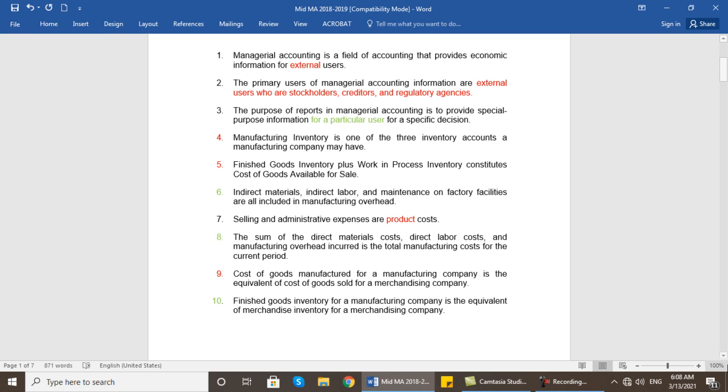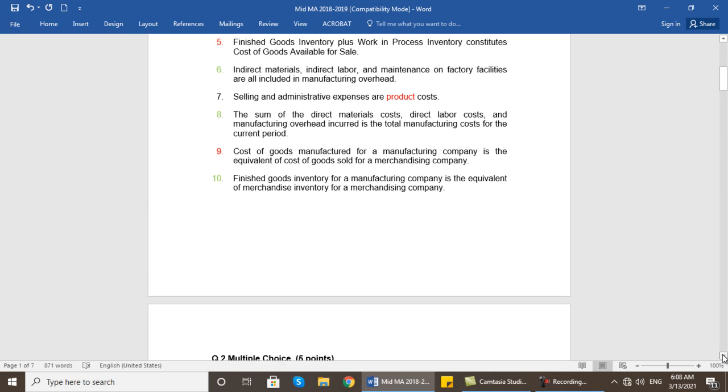As you see, it's clear which statements are true and which are false.